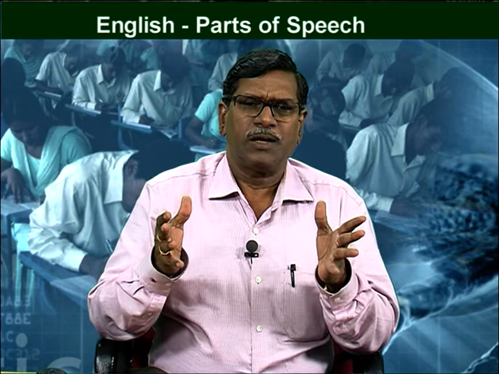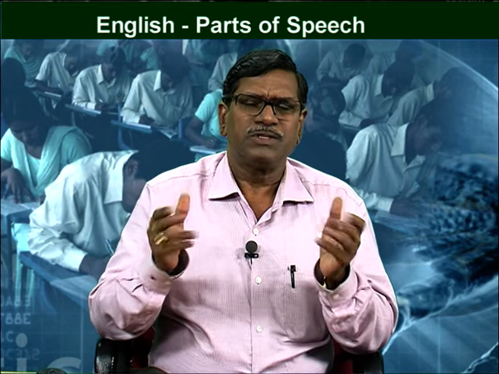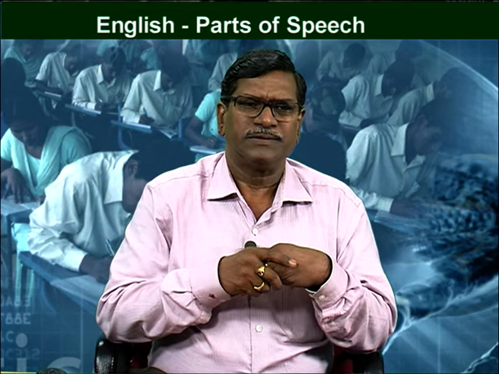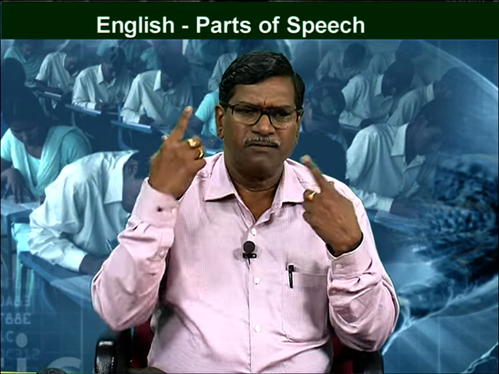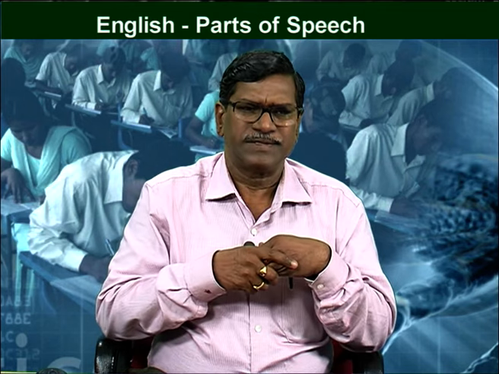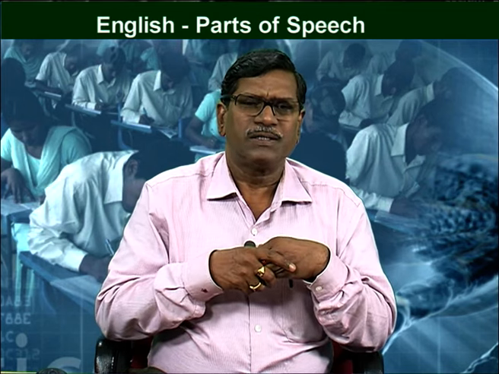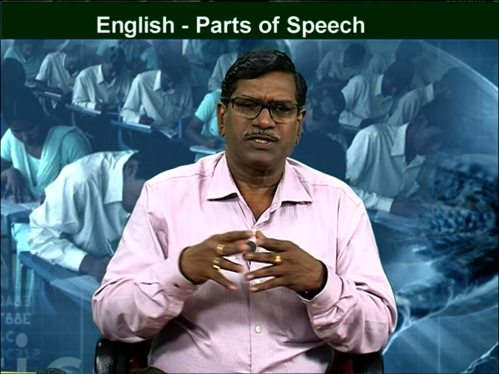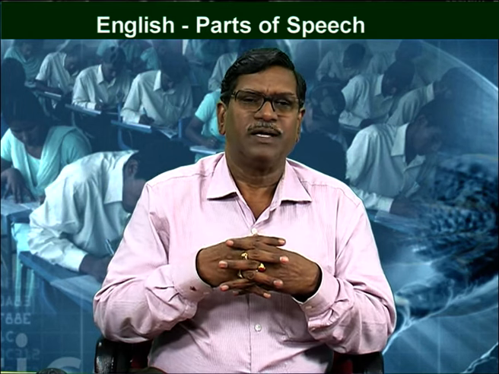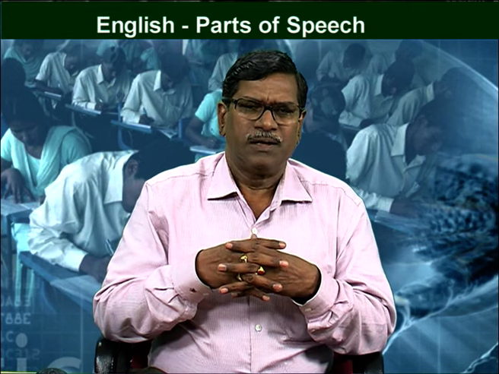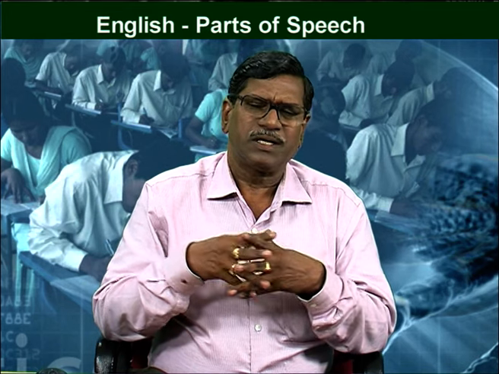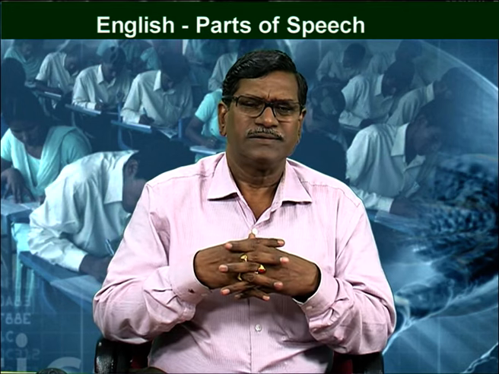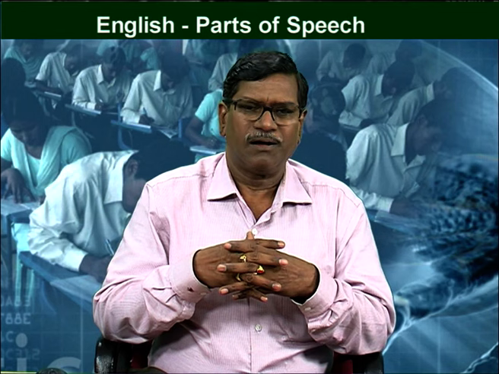The concrete nouns are the nouns which we can see and touch. We can feel them with our senses. They are called concrete nouns. So, whatever we see and whatever we touch, they are called concrete nouns. Are there any other things which we cannot see or touch? Yes, there are.